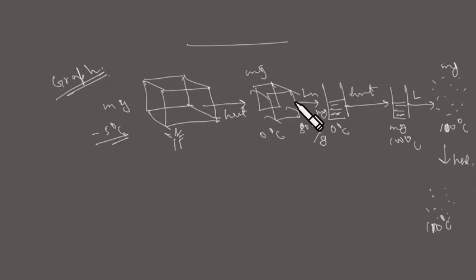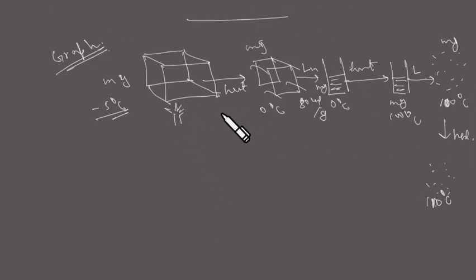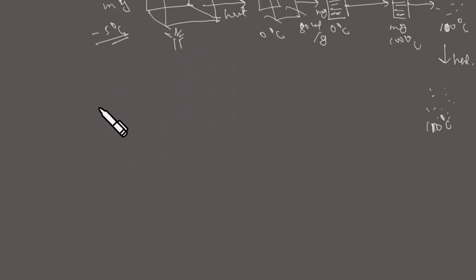So in this process the ice changes its state twice, first solid to liquid and then liquid to gas, and in the meantime in the same state it also changes its temperature, the temperature increases. All right. So in the whole process we will try to see in a graph what happens.